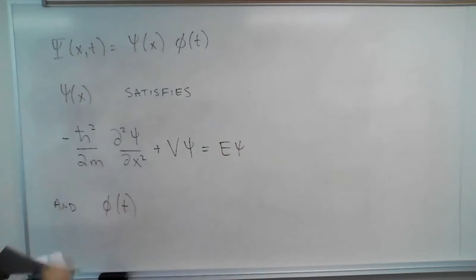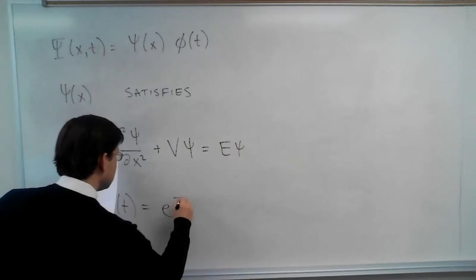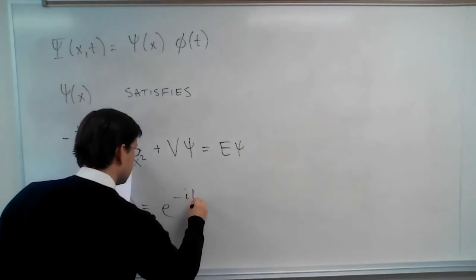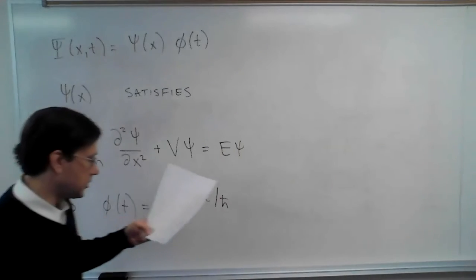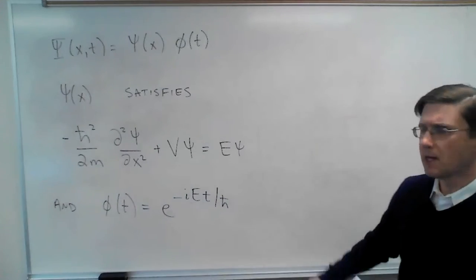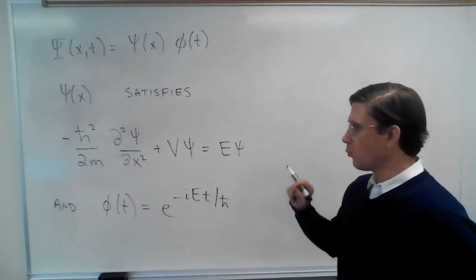And the time-dependent part, phi of t, we can just write as e to the minus i E t over h bar. So we covered all of this last time, and then we made one additional claim.